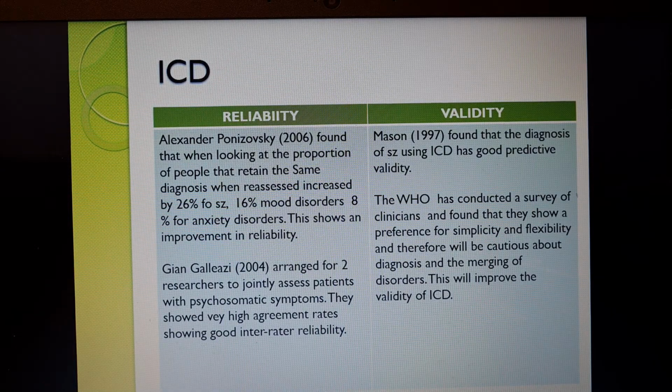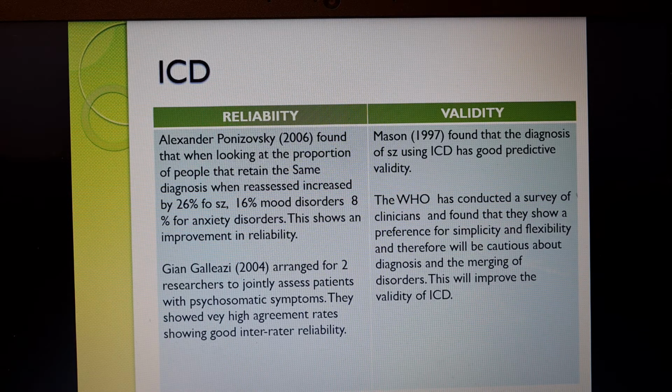Now, there are obviously reliability and validity issues with diagnostic systems, even though they are being improved and updated all the time. In 2006, Alexandra Poniatowski found that the proportion of people that retain the same diagnosis when they are assessed again actually increased by 26% in schizophrenia.